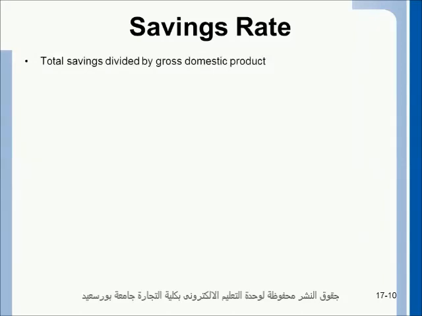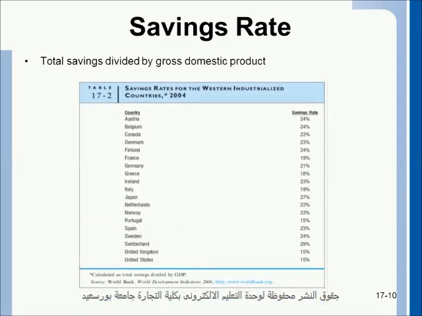The saving rate is total saving divided by gross domestic product, GDP, and table 2 gives an example of saving rates in the Western industrialized countries during the period 2004: Austria, Belgium, Canada, Denmark, and United States of America.